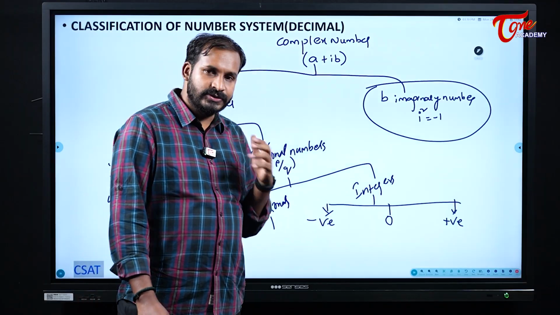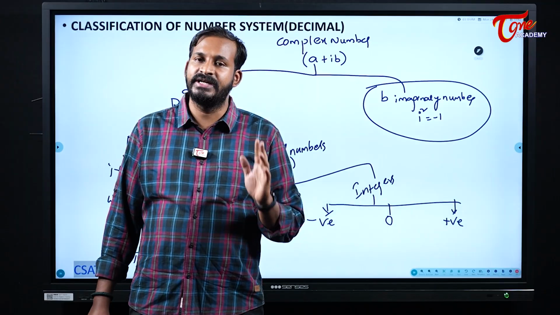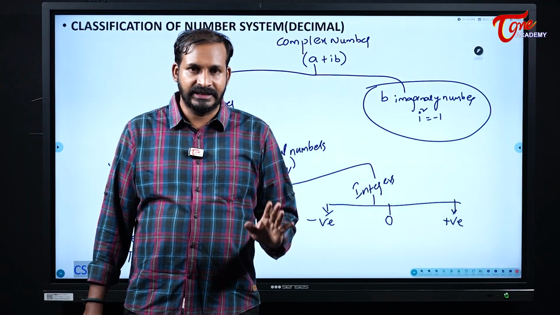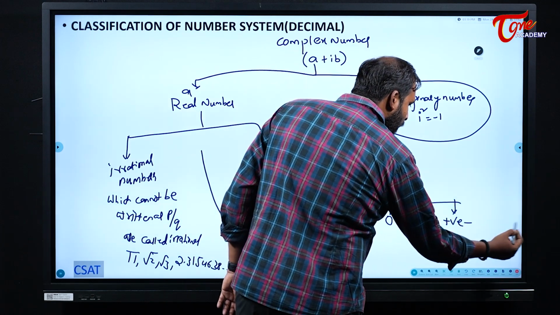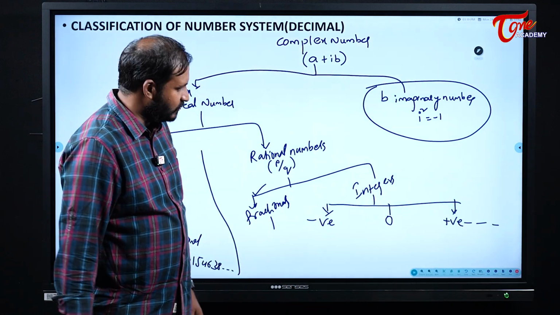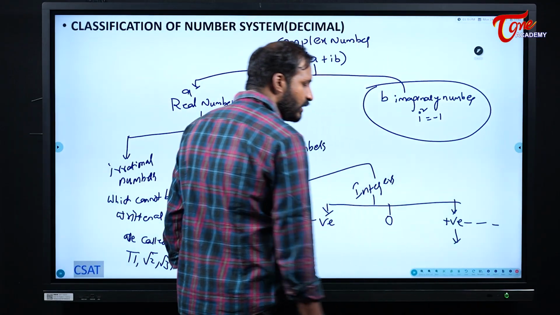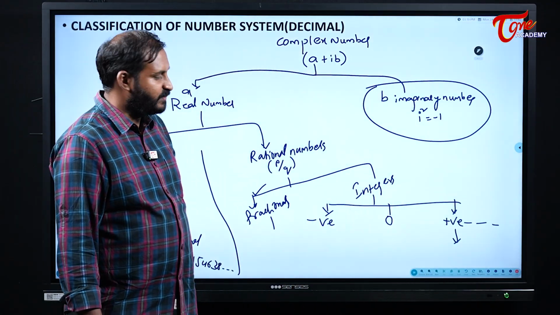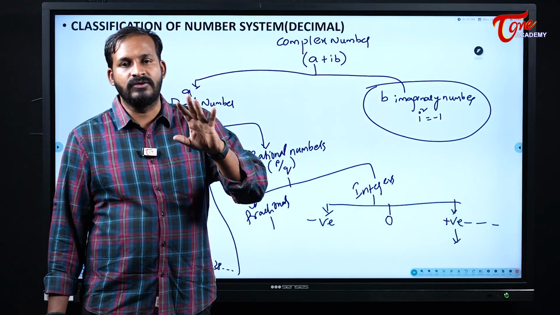If you want to take positive integers, the first positive integer is 1. The first negative integer is -1. Like this only. There is no difference. Like this we will have the positive integers and negative integers. Now, these positive integers have one more name, counting numbers. Usually we start counting from 1, 2, 3, 4, right?